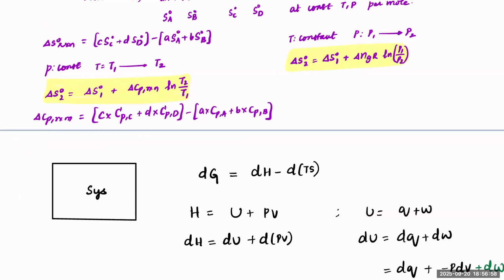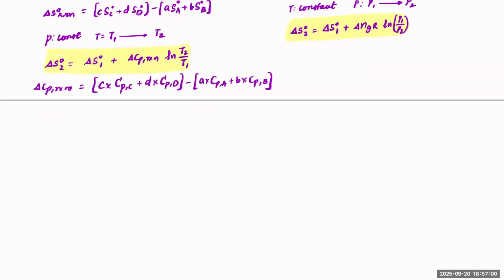Another thing you need to help yourself with is graphical representation. A lot of graphical questions can also come from this area, where there is a graphical representation of temperature and entropy.